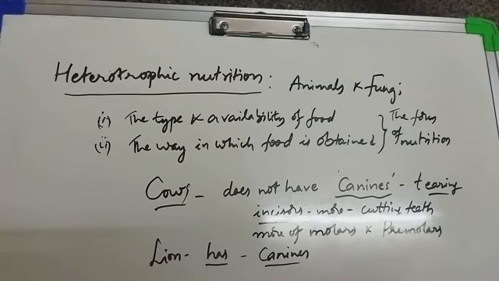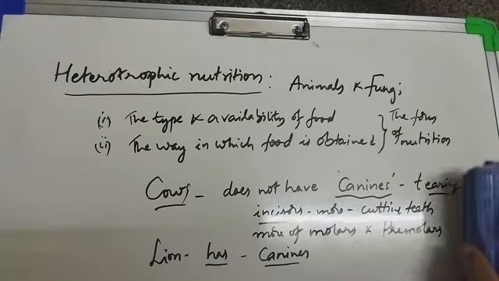To kill deer-like animals and to tear the meat, right? Totally different organisms use different nutritional ways. So among the heterotrophs, we can divide the nutritional ways into two types. What are they?